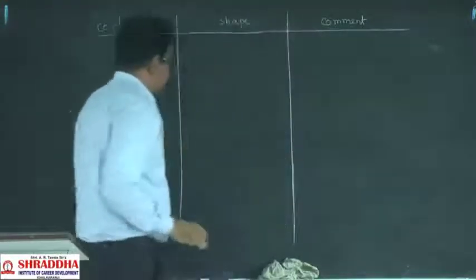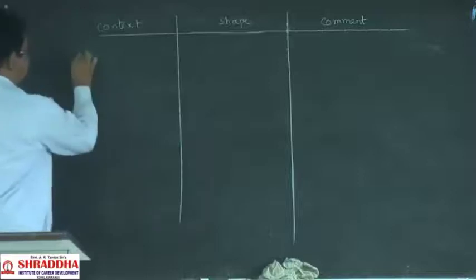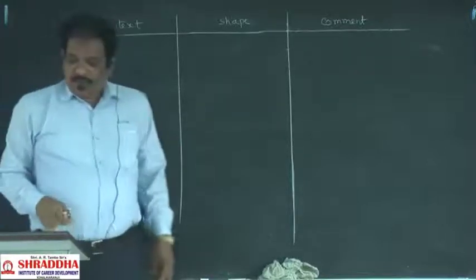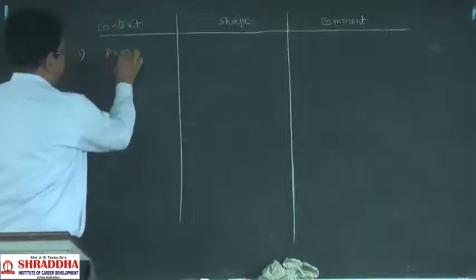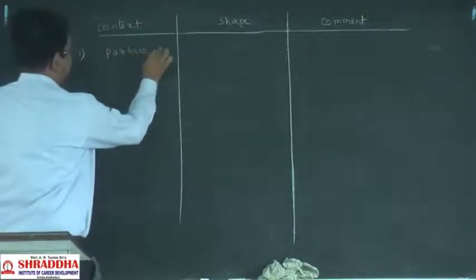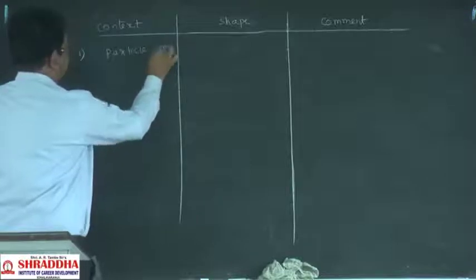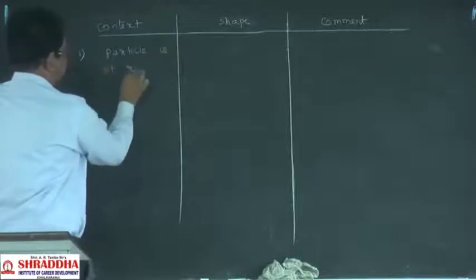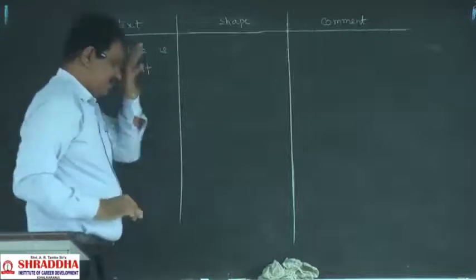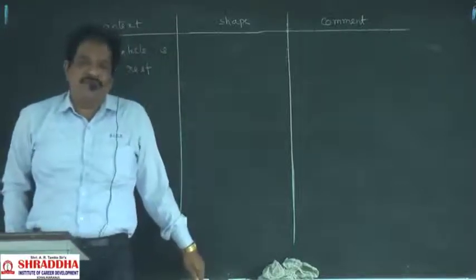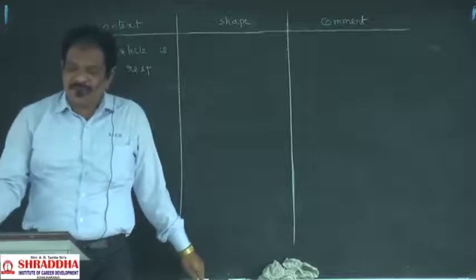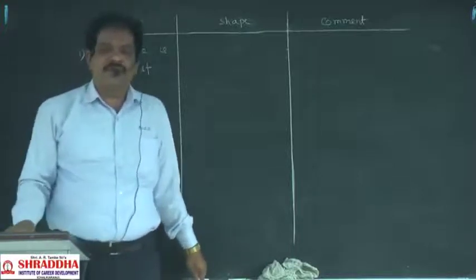Okay. So first one, context. Particle or body is at rest. Then draw the displacement time graph. Particle is at rest means what will happen?